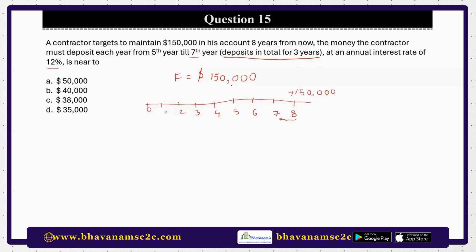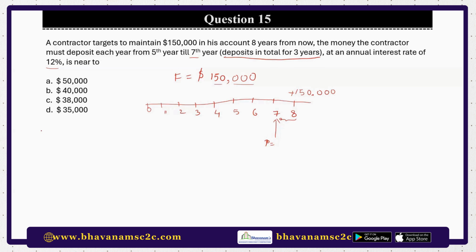When it is 150,000 in the 8th year, can you calculate the present value in the 7th year? I believe you can do it with the knowledge of the problems we did so far.